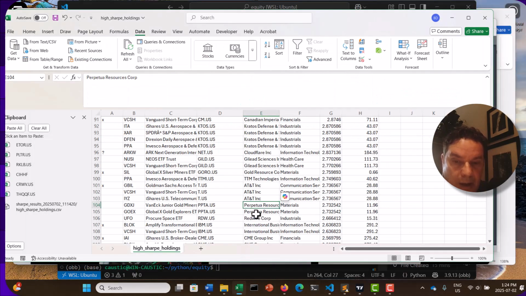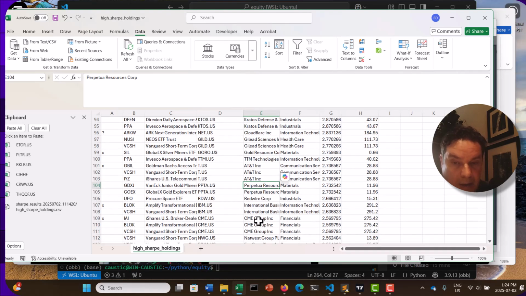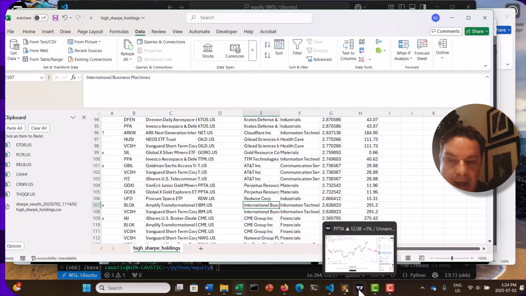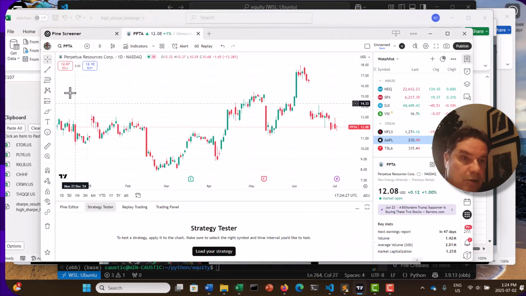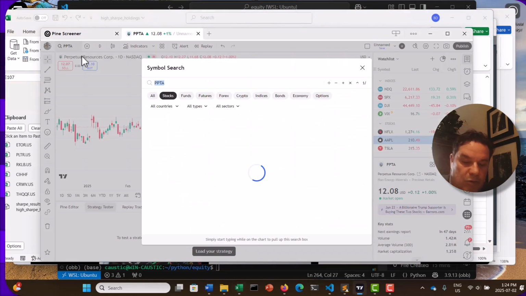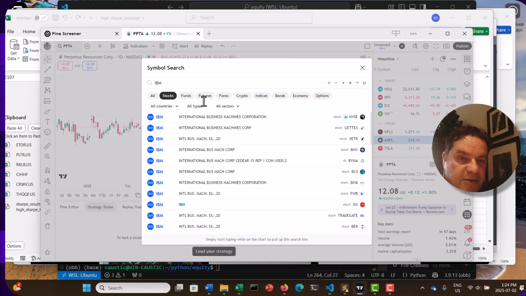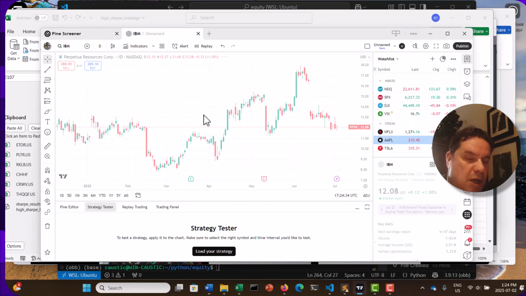Resource company. Materials. Okay, so this one is IBM. This is an interesting one. Old technology doing well. Check it out. It is an expensive stock, but it seems to be doing okay. And again, when you look for those drawdowns, how does it perform in a drawdown environment?